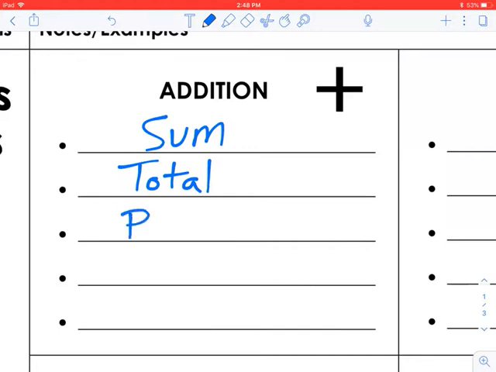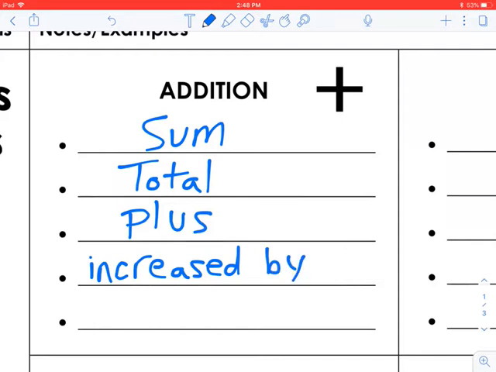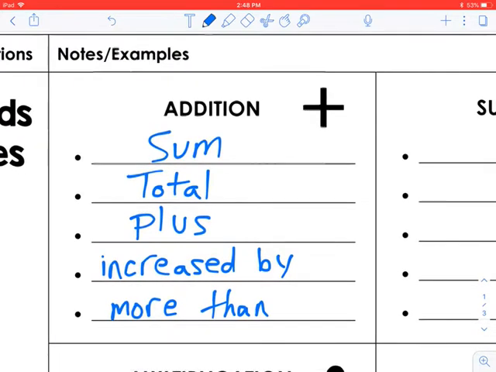And then an obvious one is plus. Another couple that you might not see as much but might come up is something like increased by, or increases by, or even more than. So 7 more than means you're adding 7. 5 more than means you're adding 5. Okay, so that's the sum.